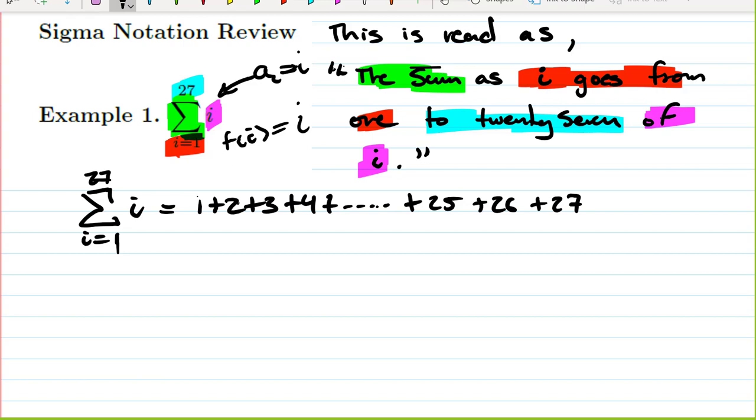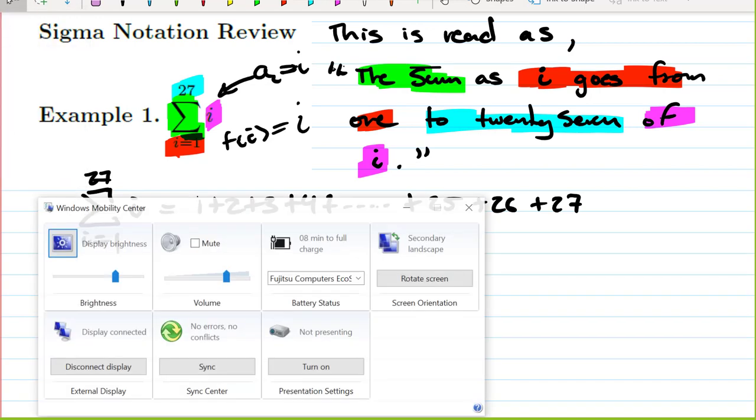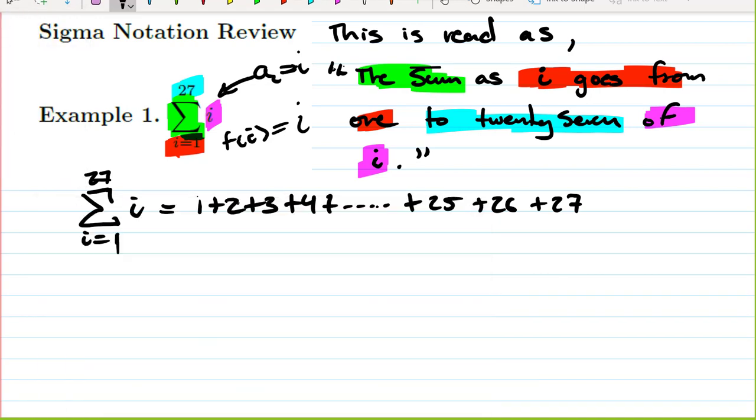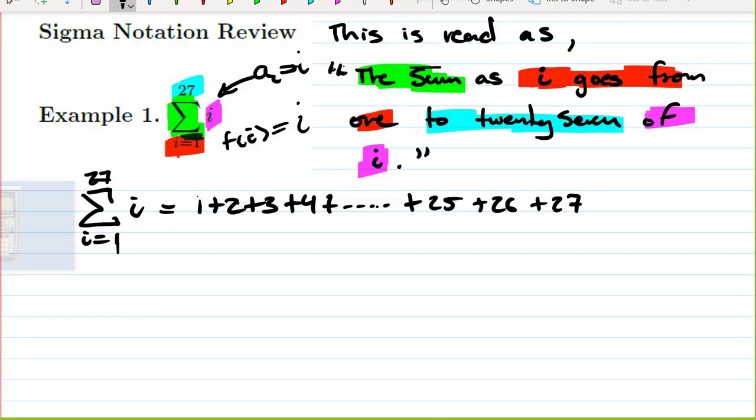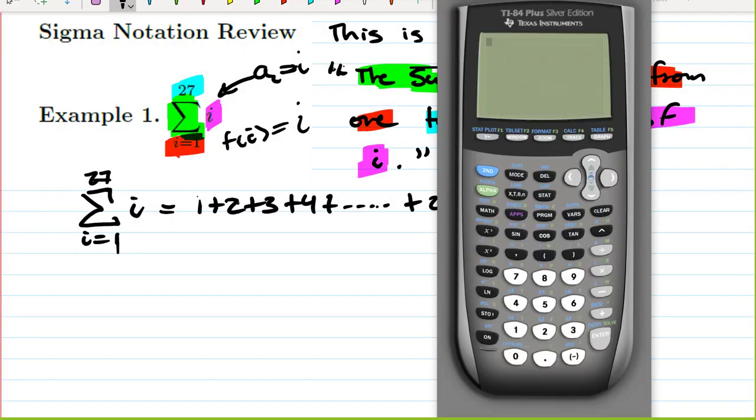All right, so let's remind ourselves a couple of things, like how do we do this on our calculator? In case we don't remember, we can find the sigma notation on our calculator by pressing alpha and then window.